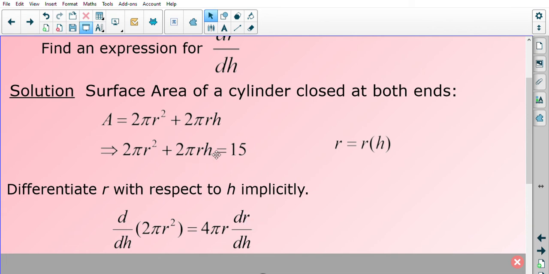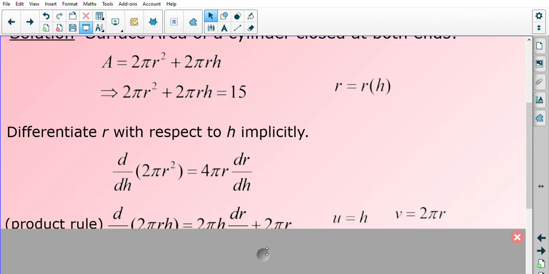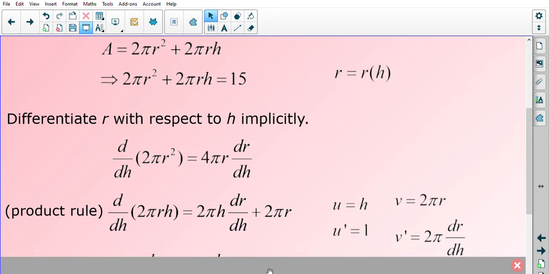Now I'm going to look at the second function, which is 2 pi r h. That is actually a product rule, because I need to differentiate both parts individually. I've got the 2 pi r function multiplying the h function, so it's a product rule. If I scroll down a little bit more, you can hopefully see that now.